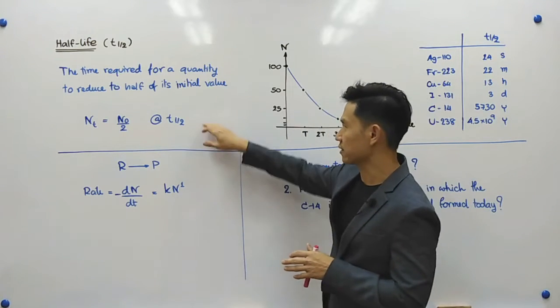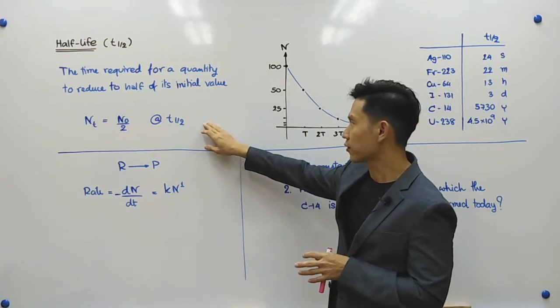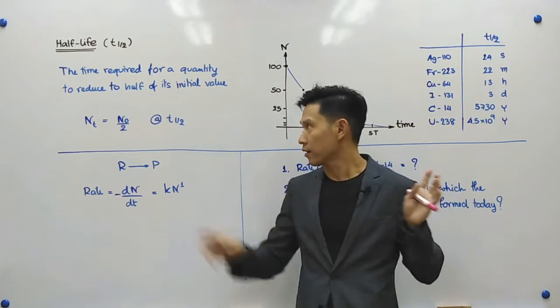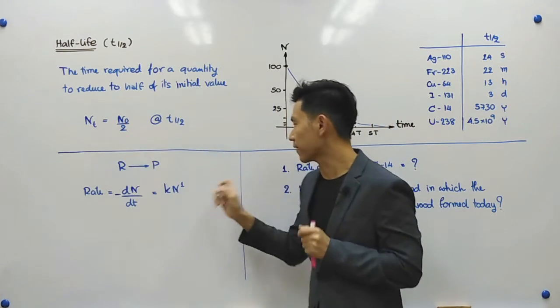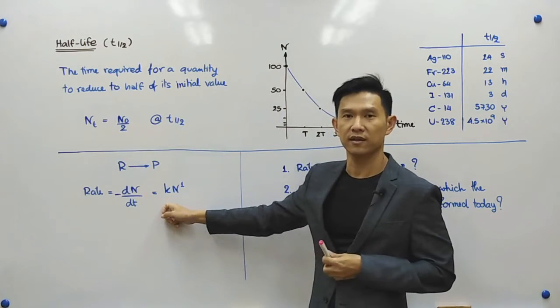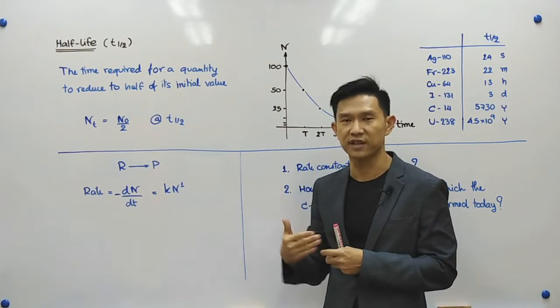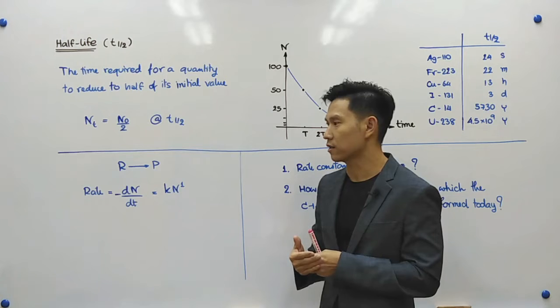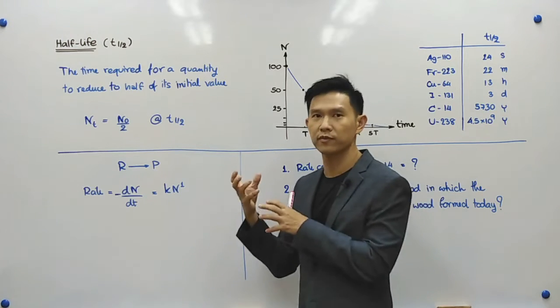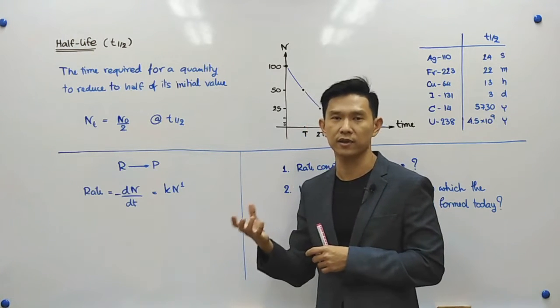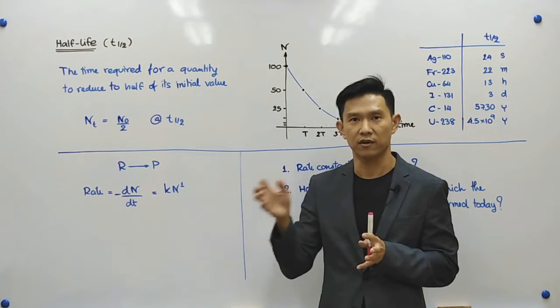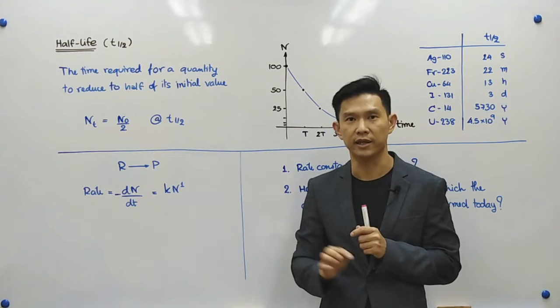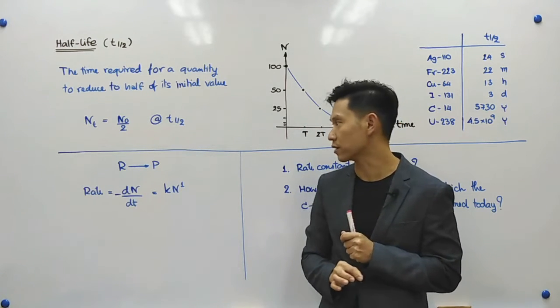This is related to this, okay? From the half-life value and from this equation, we can find the k, and then we can know exactly the amount of nuclei left behind after a specific time of radioactive decay or radioactive decomposition.